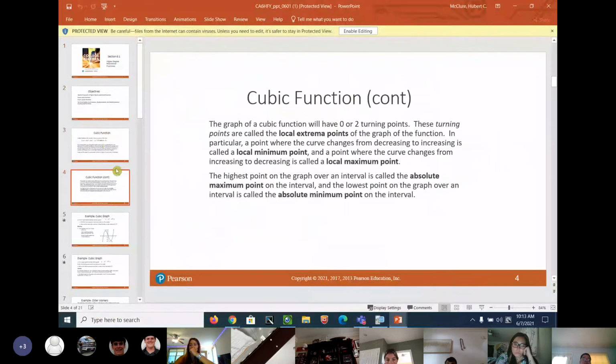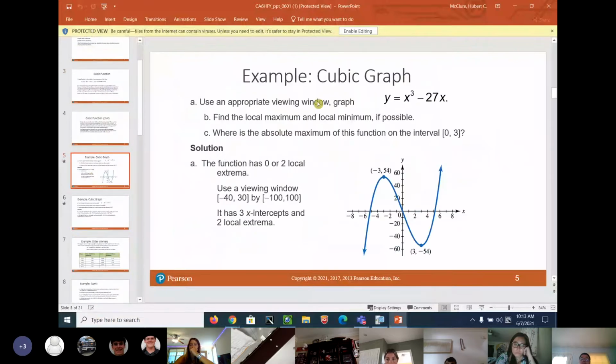So when you have a problem, and here's one right here, so write that down. Y is equal to x cubed minus 27x. Well, you already know what it looks like because it's a family of graphs. So what do you mean?